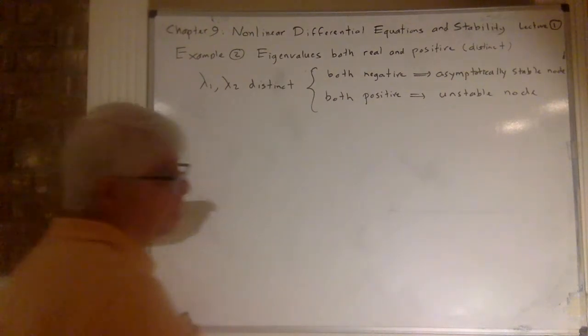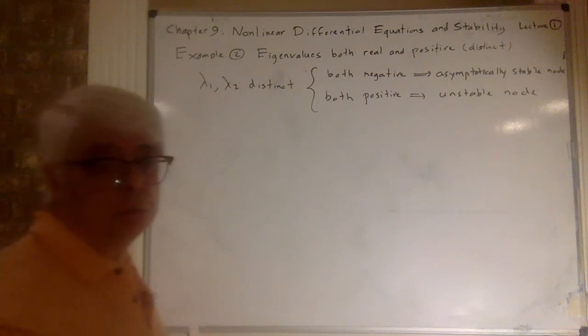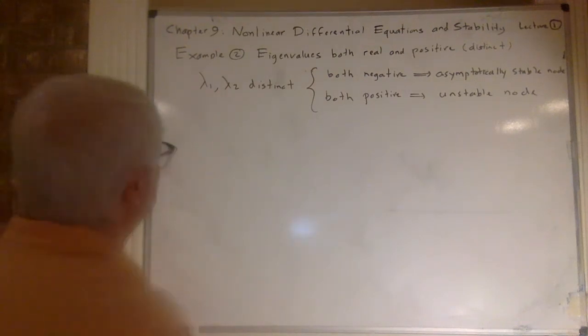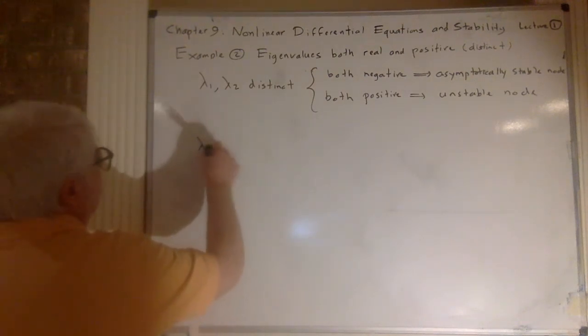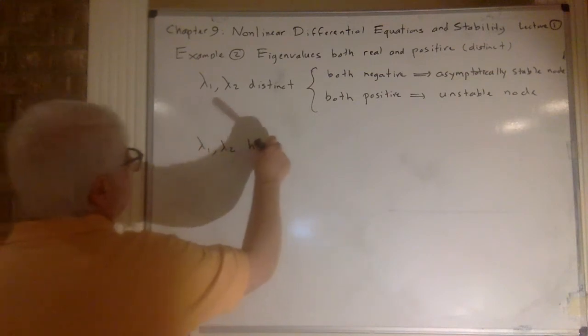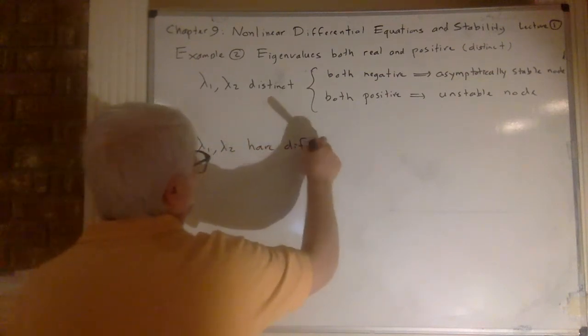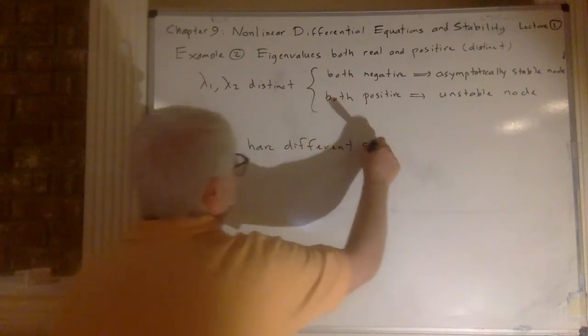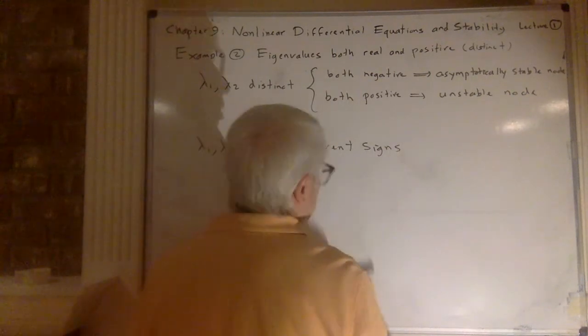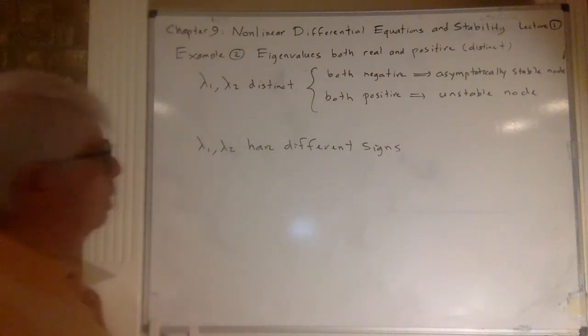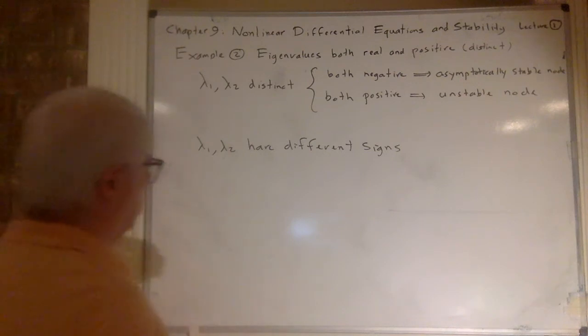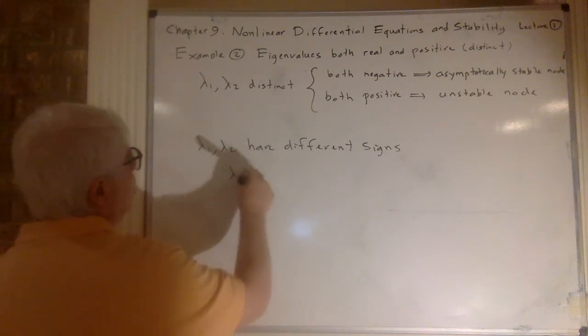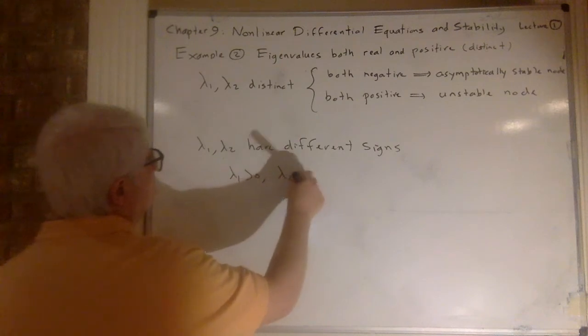Well, if they have a different sign, then they should be distinct, right? So lambda 1 and lambda 2 have different signs. What happens if they have different sign? So let's say lambda 1 is bigger than 0 and lambda 2 is less than 0.